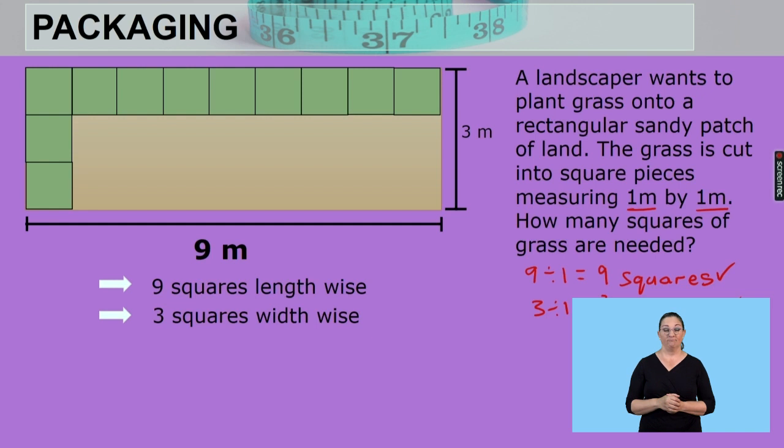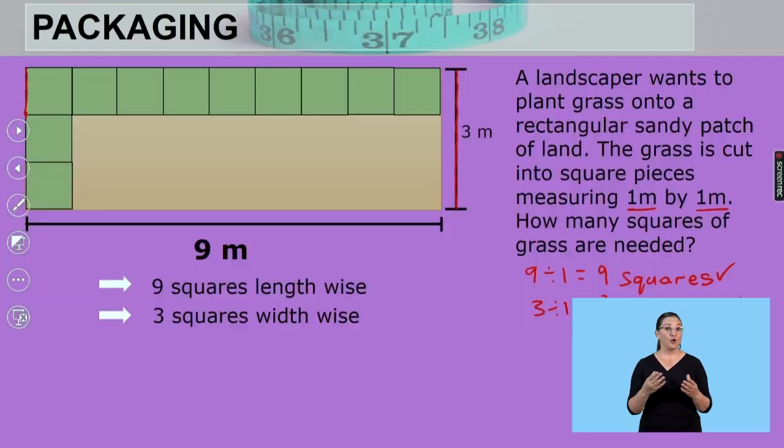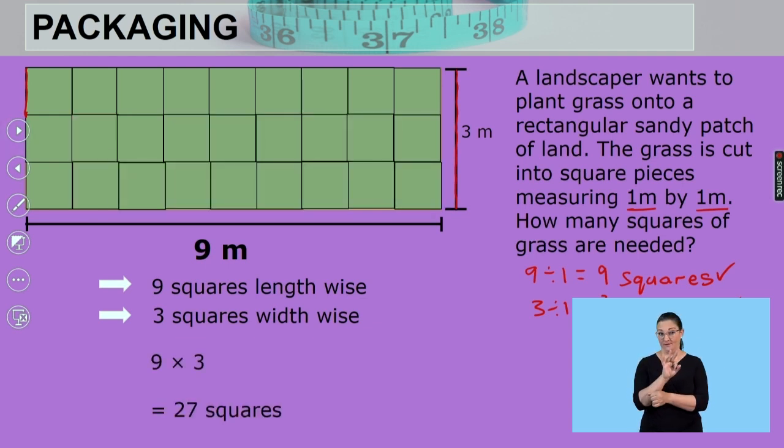Squares. All right. Remember, we spoke of this line's relation to that piece. Now, how many squares of grass are needed in total? So then 9 times 3 gave me 27 squares in total. Because what did we do?